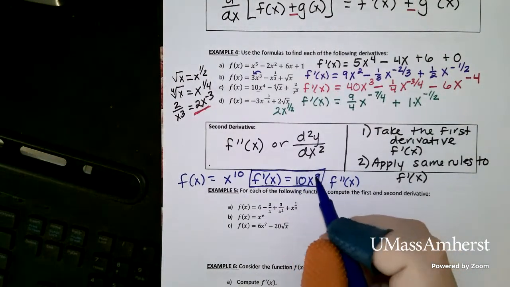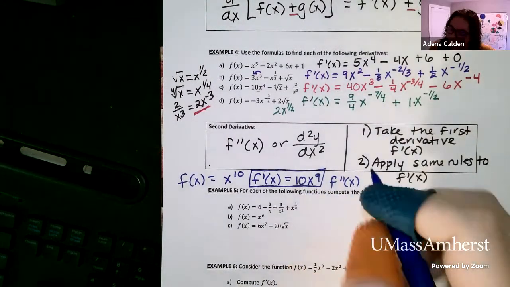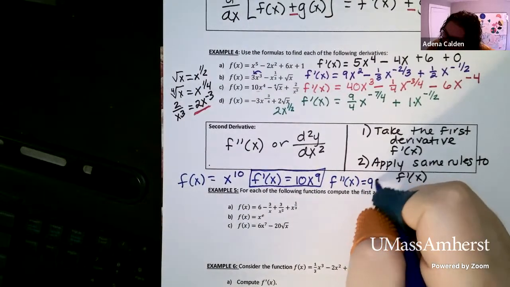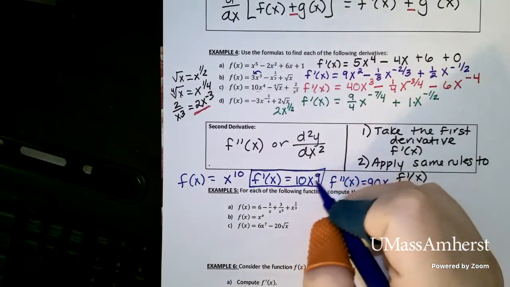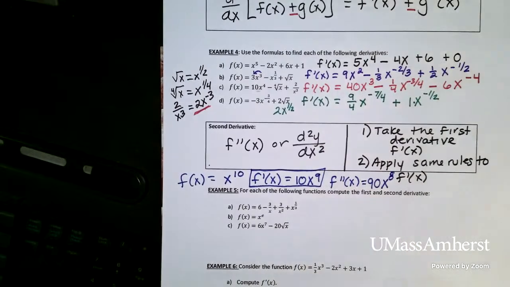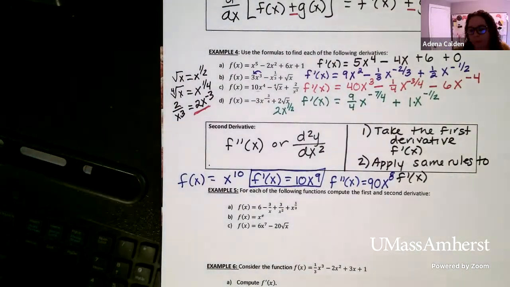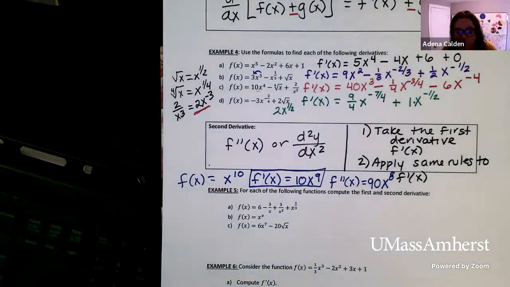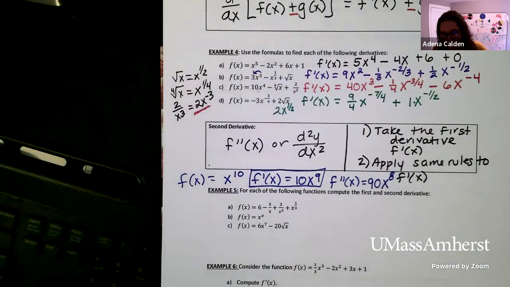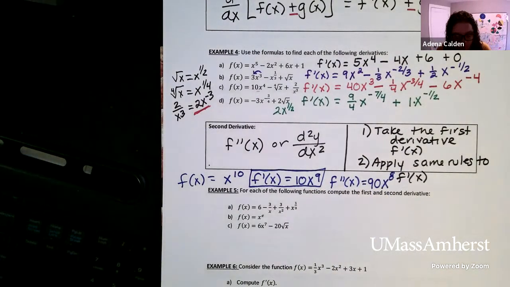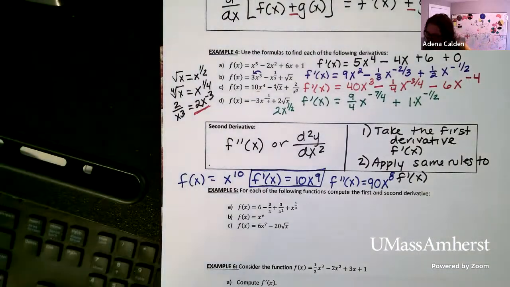So again, we use the power rule, and now the 9 comes down to multiply the 10. We get 90x, and we subtract 1 from the power to the 8th. So we apply the rule again, or whichever rule is appropriate, to then get the second derivative. Okay, so we're just using the rules more than once now.